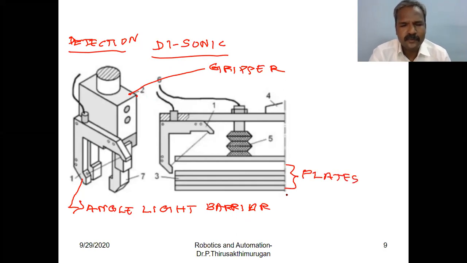Can anybody tell me what this is? These are all arrays of plates arranged in industry. This plate is picked up by this. Can anyone tell me what 5 is? Magnet. Any other?